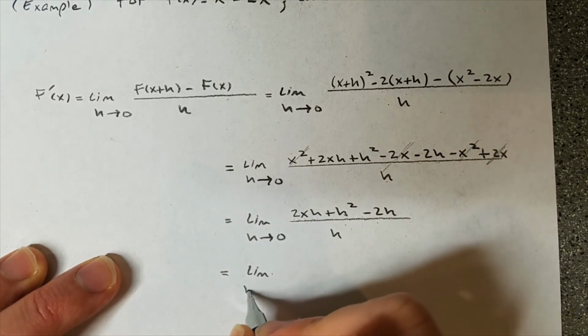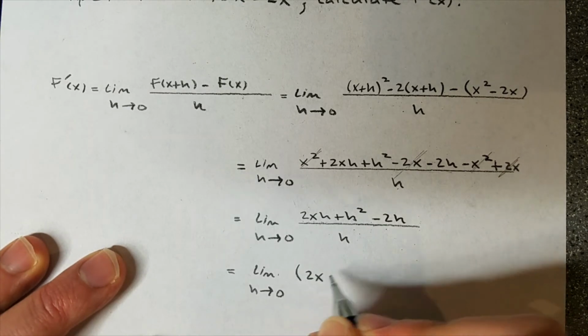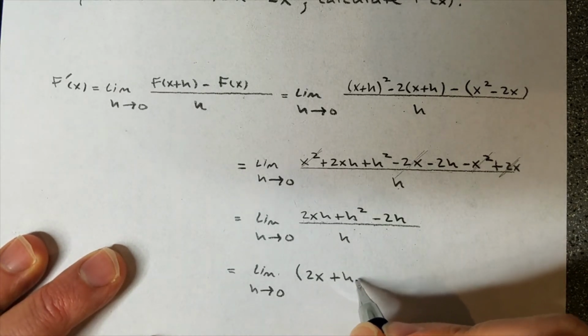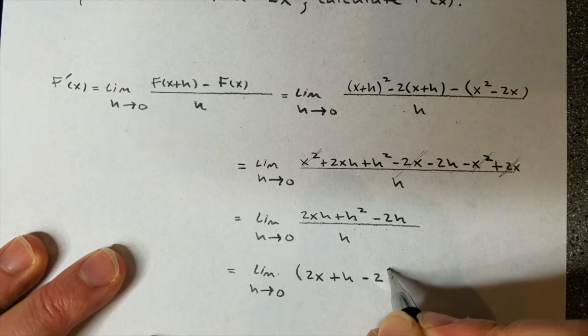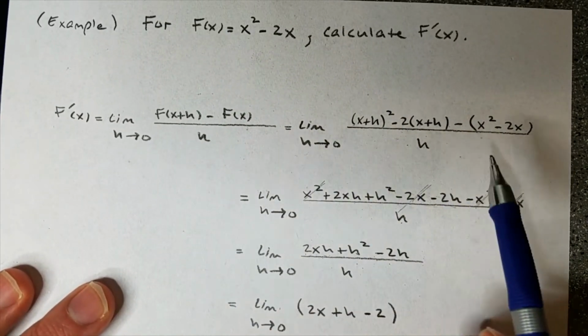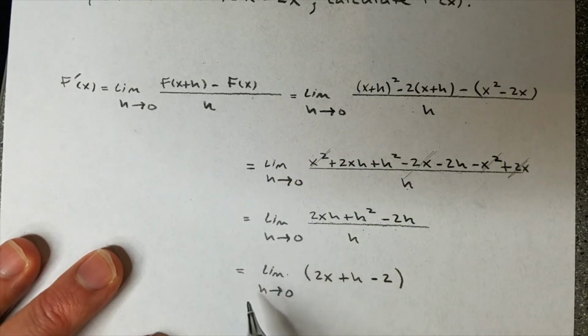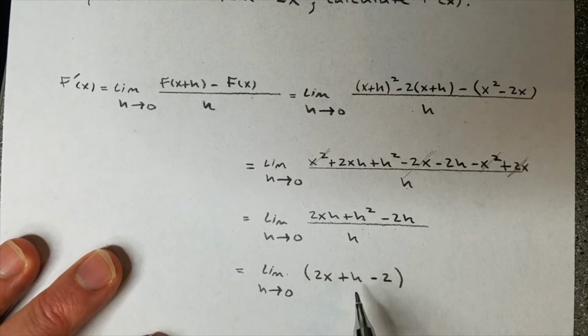Limit as h goes to 0 of 2x + h − 2. Now, I've done all the simplifying that I can. It's at this point that I can figure out what this limit is by pushing the h all the way to 0. So like right there, that h, what if that went to 0?